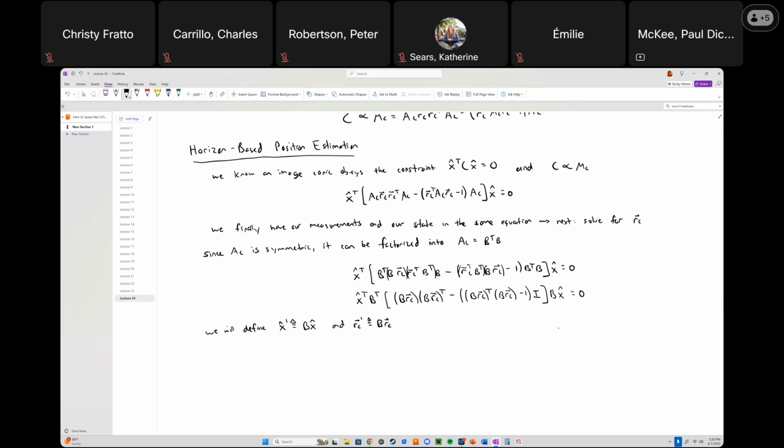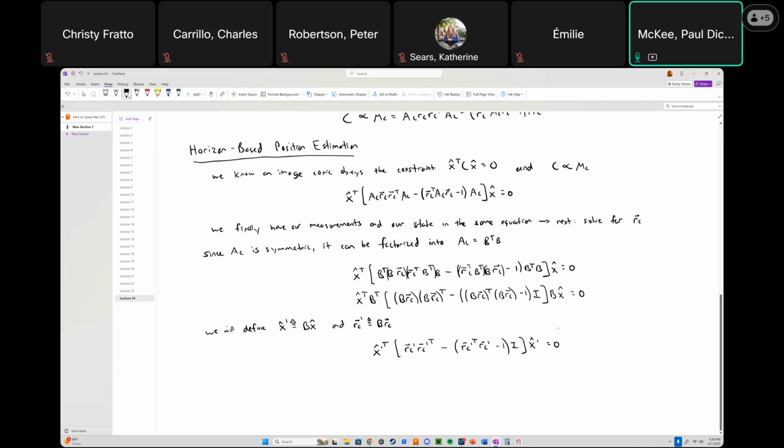Our equation gets a little bit simpler then. Now we have X hat prime transpose, and then we have RC prime transpose minus, and then in parentheses, we have RC prime transpose, RC prime minus 1 times the identity matrix, and then we have X hat prime equals 0.